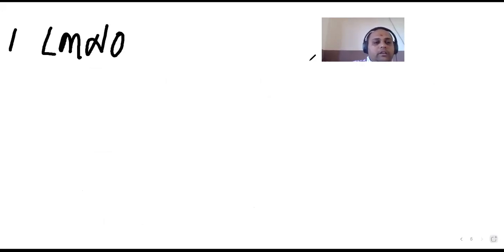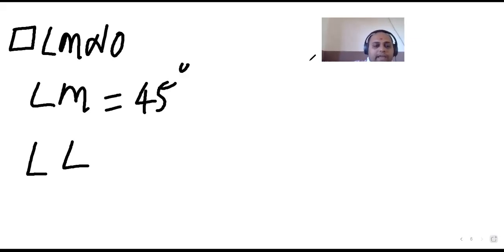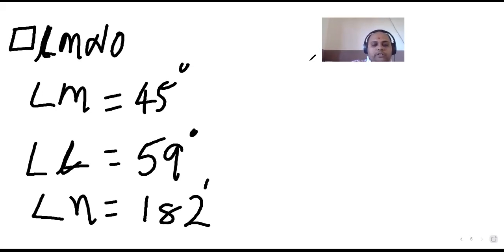In a quadrilateral LMNO, angle L is equal to say 45 degrees, angle M is equal to say 59 degrees, angle N is equal to say 182 degrees.